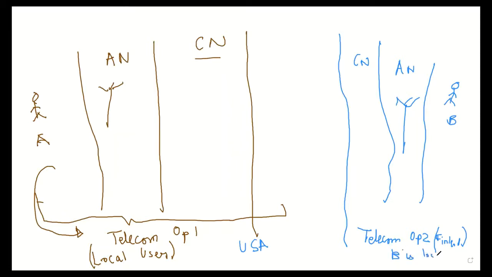right? So let's say this guy A is traveling from United States to Finland. Let's say Telecom Op 1 has an agreement with Telecom Op 2. Such kinds of agreements are called roaming agreements. And this is very typical, you know, how things happen in the world of telecom.